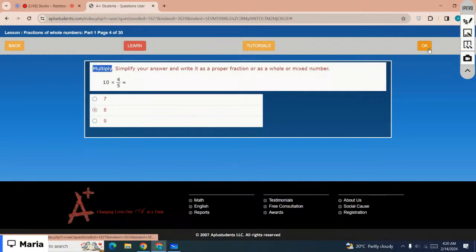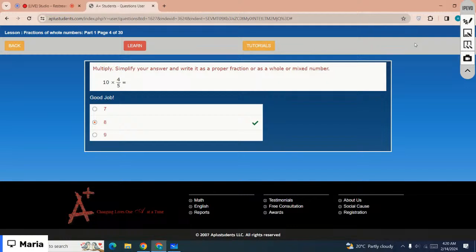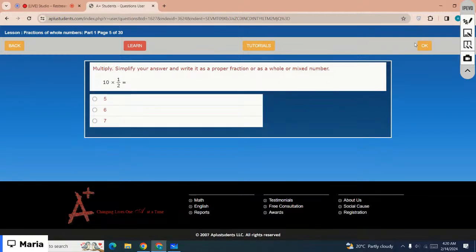So the correct option is 8. Multiply. 10 times 1 over 2, which is the correct option?